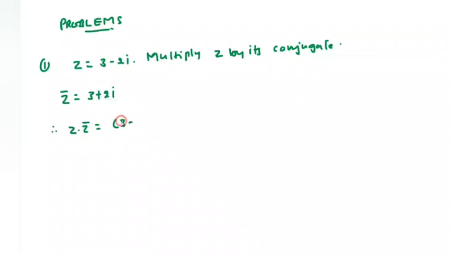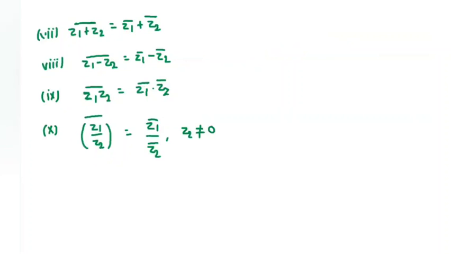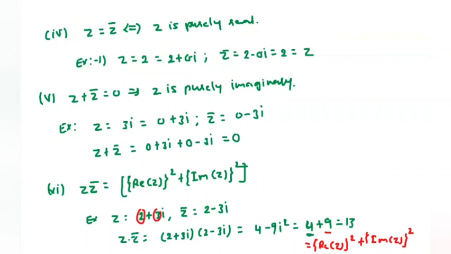Now if you recall the property, if you don't recall the property, as usual, binomial multiplication, you multiply. In the next step for i square you will replace by -1 and then simplify. Convert into a + ib form, you will get the answer. If you remember the property, look at property number 6: z into z bar is equal to the real part of z square plus the imaginary part of z square.